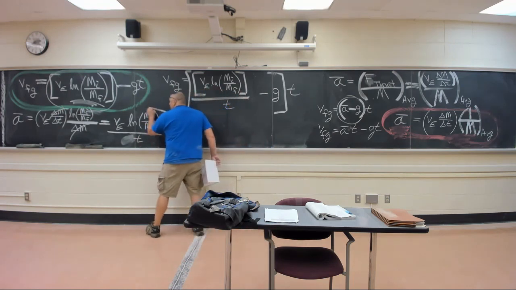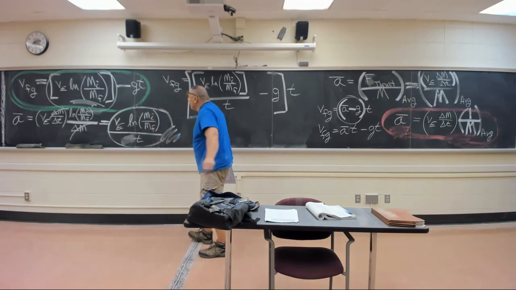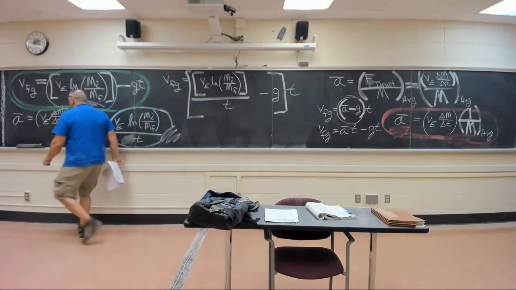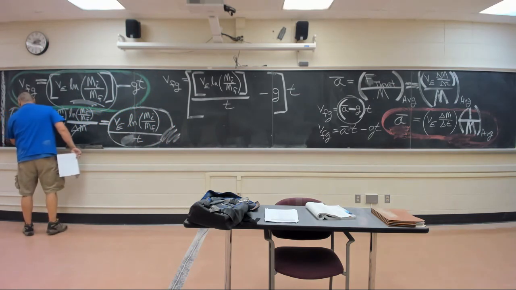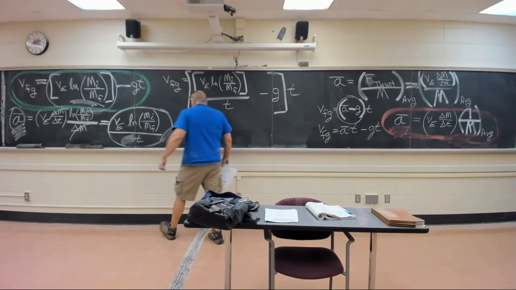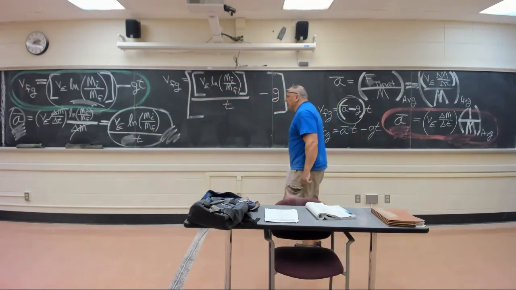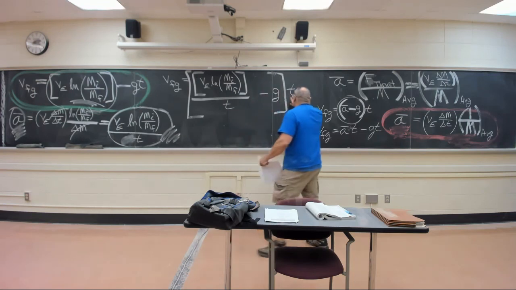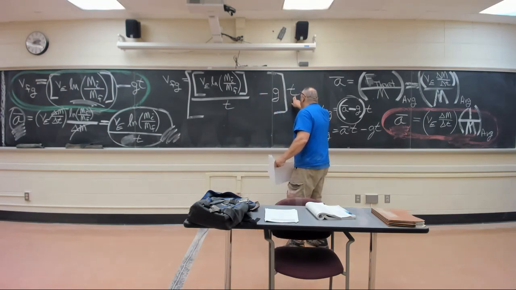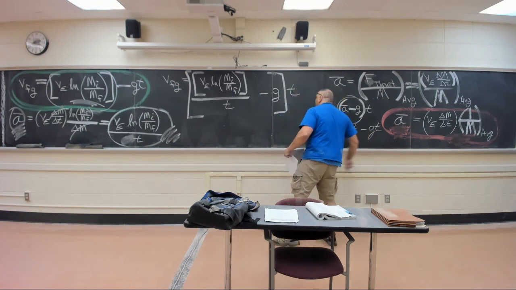This guy right here is the average acceleration. The delta T is T. Is that true? Yeah. If you multiply by T all the way across, T times G is GT.